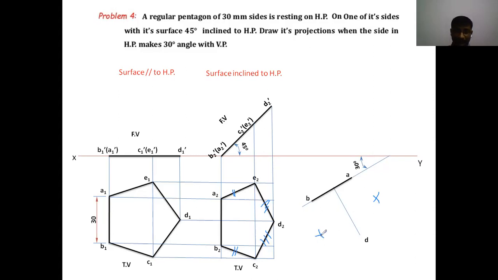The intersection of arcs on one side and on the other side of the perpendicular line gives the points: this point is E, and by joining B, C, this point is C, then CD, DE, and back to A. Then we will get the pentagon rotated with its side at 30 degrees with the XY line.